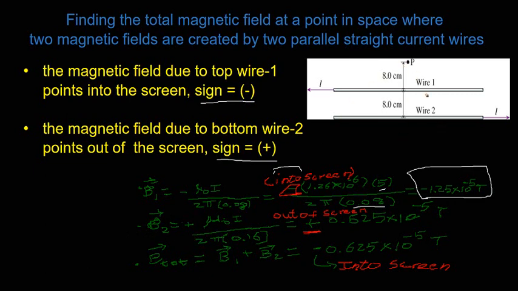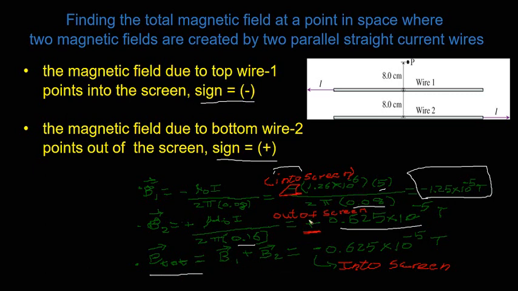Similarly, you can calculate the field due to the bottom wire at point P. Please note here the distance is 0.16 meters, and the current is the same. You put in the values, you get this magnitude, but the sign comes out to be positive because the right hand rule showed us that the bottom wire has a field that points out of the screen at point P. To get the total field you just do a vector addition.